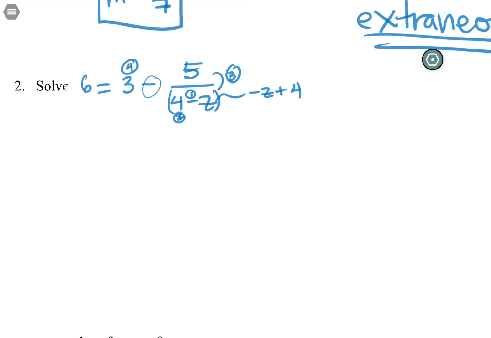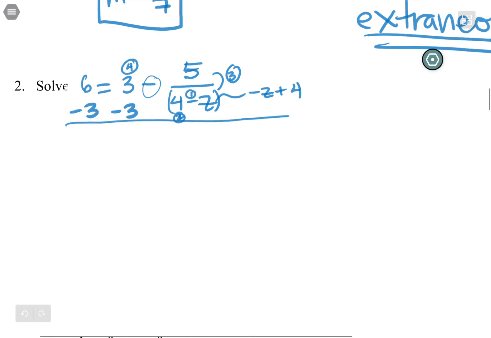So the first thing I want to deal with is that adding 3, which means I will subtract 3 from both sides. Now you take the last thing and you reverse it, which is going to leave me with 3 equals negative 5 over 4 minus z. I guess I don't really need those parentheses, but they're not hurting anything.